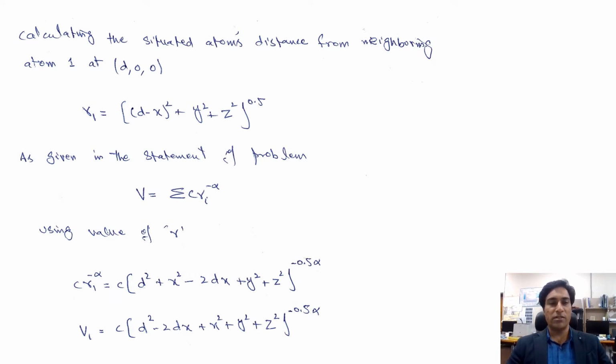When we open this square, we get these terms. This is r1, so it should be equal to V1: V1 equals C (d squared minus 2dx plus x squared plus y squared plus z squared) to the power minus 1 over 2 alpha.